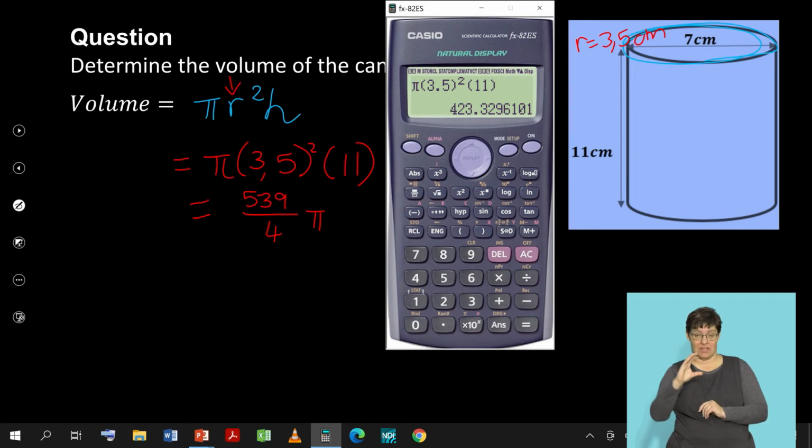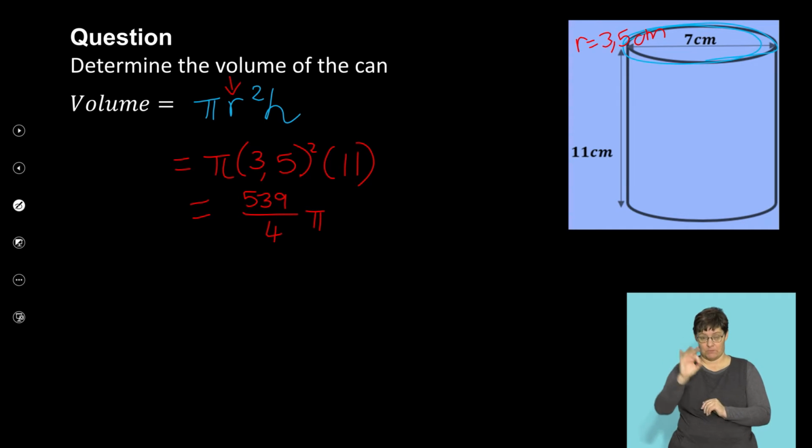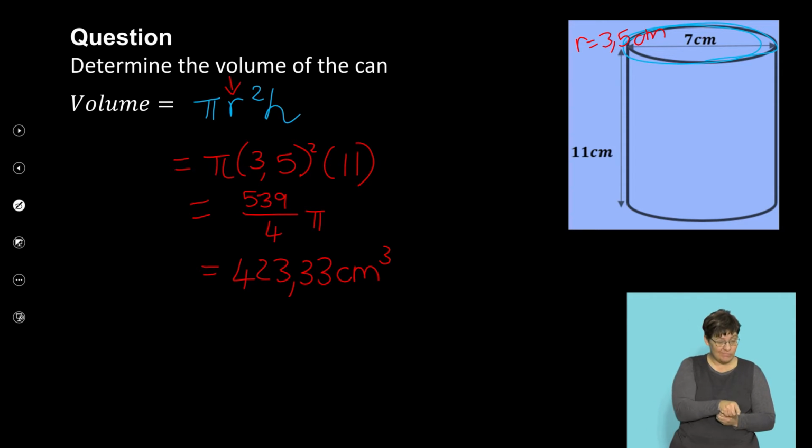So 423,33. Cool, guys. So we know that the volume of this particular can is 423,33 centimeters cubed. Let's go on to the next part of this question.